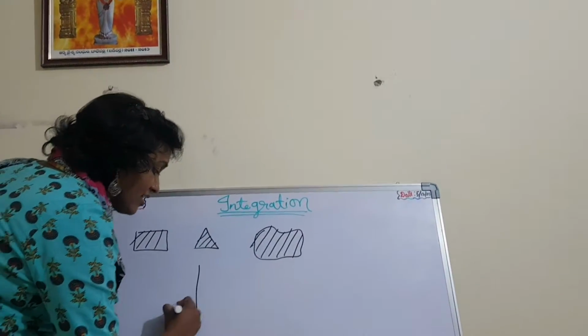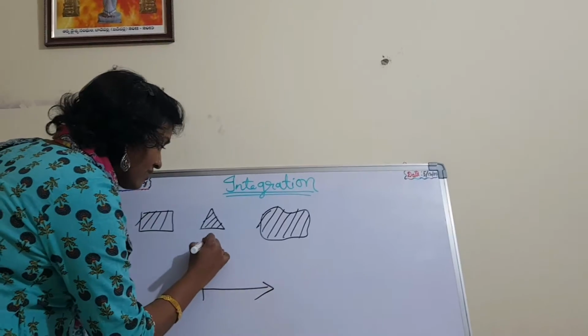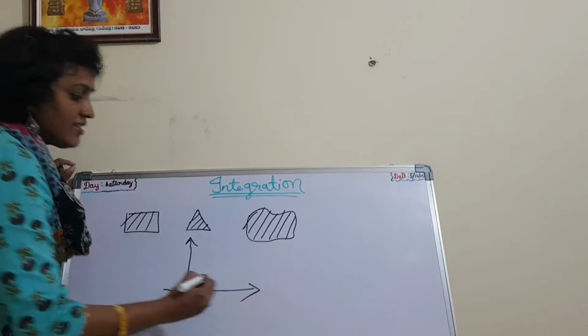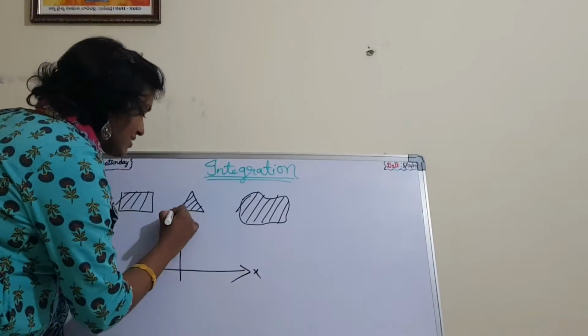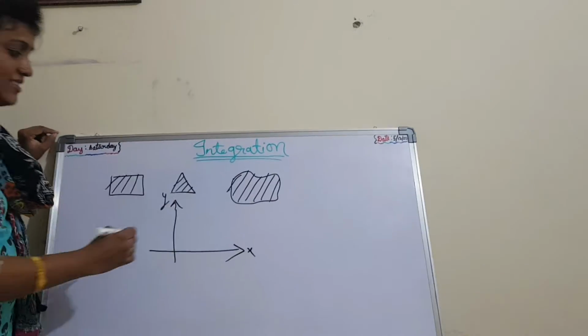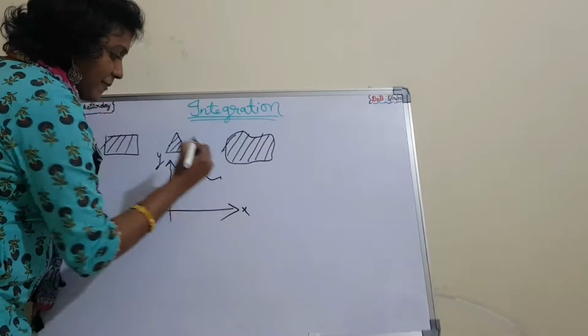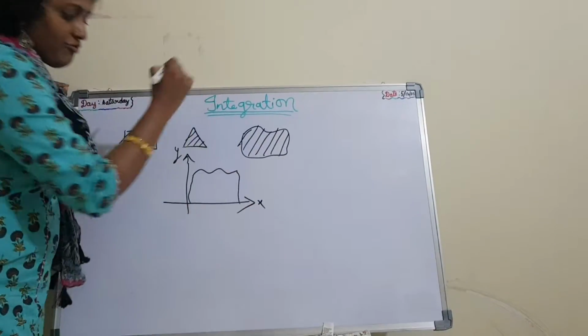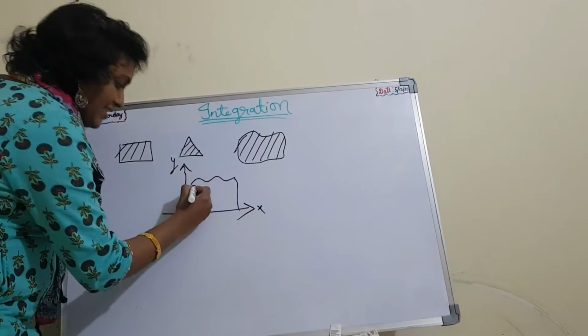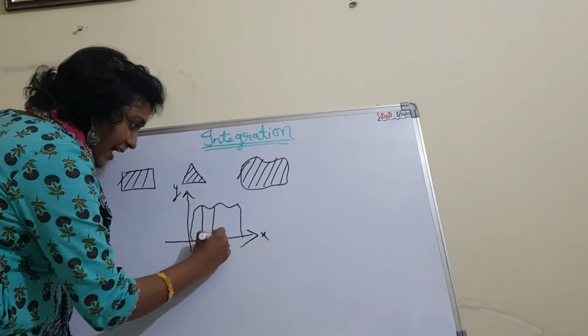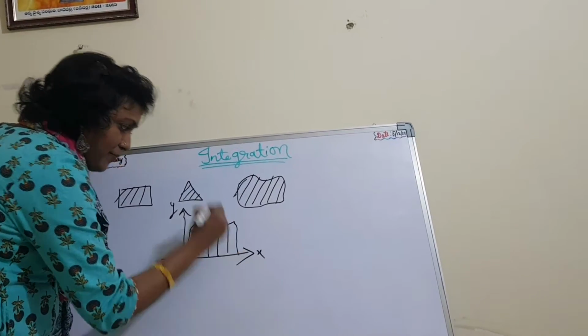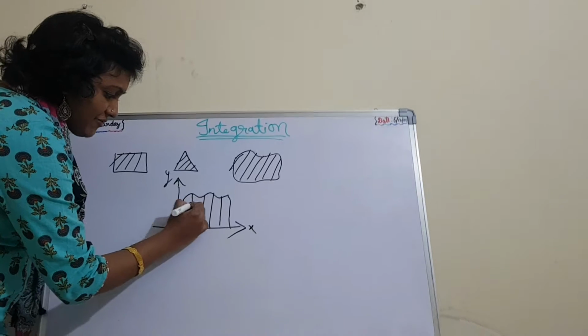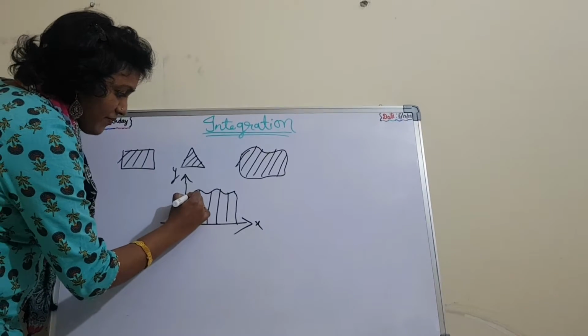Here this is an x-axis and this is a y-axis. If a curve like this is there, how to find the area? We divide it with lines into some rectangles.